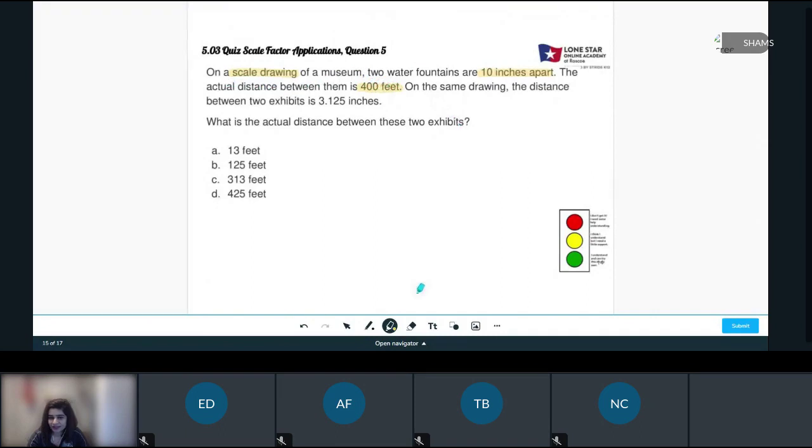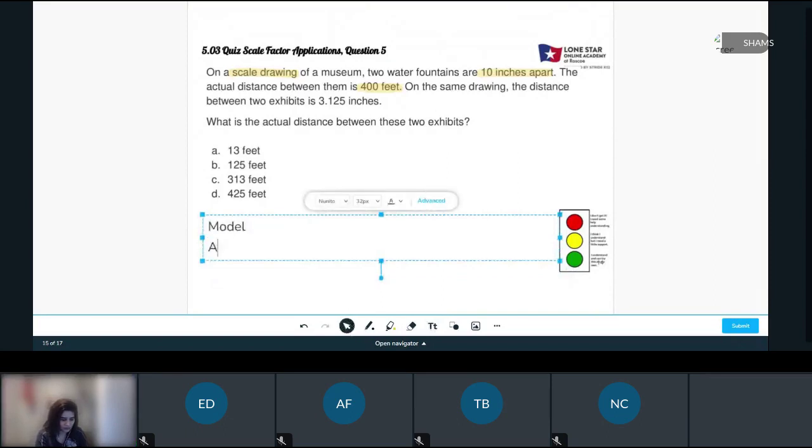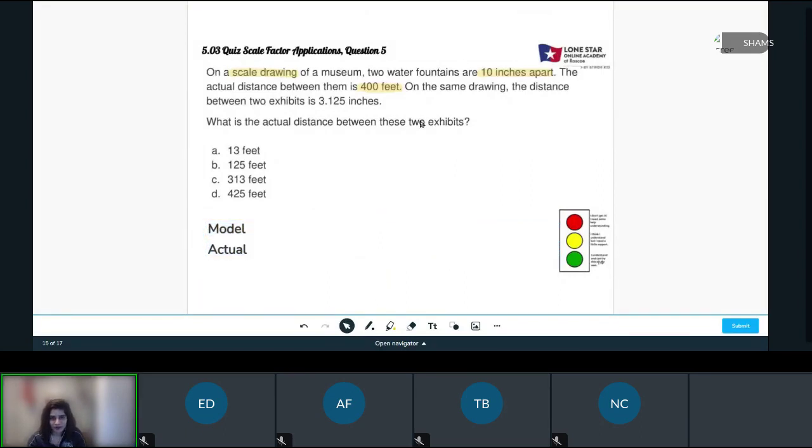Let's see what that means. We can start to write down: model, or if you want, you can do scale drawing, or you can say model to actual. For this particular one, on the scale it is 10 inches. On the model it is 10 inches, and these 10 inches were representing 400 feet actually.